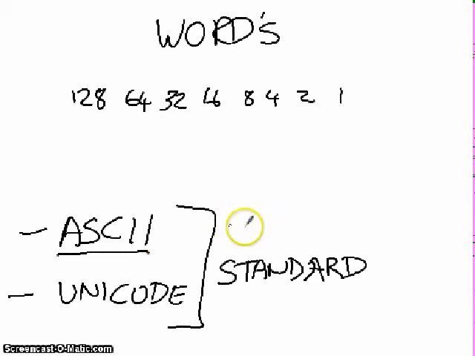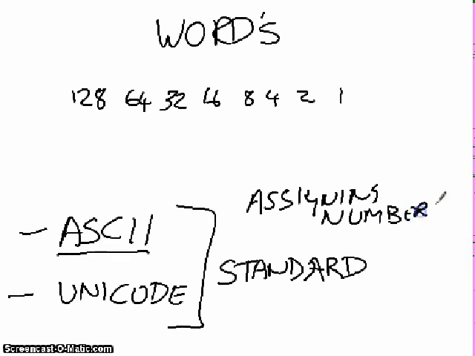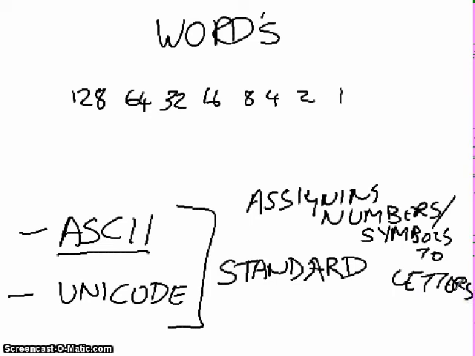And it works by assigning numbers to letters, or numbers and symbols to letters. So as long as I've got something in the computer to say, oh, that's a keyboard press, it must represent a letter, then I can work it out.